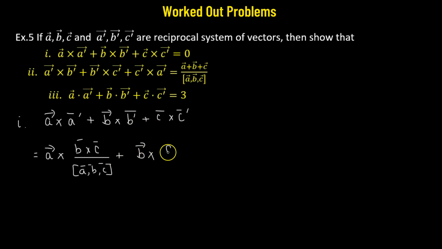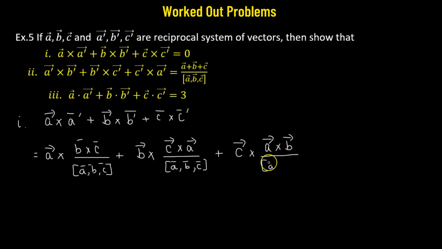B prime will be given by vector C crossed with vector A divided by vector A, vector B, vector C, plus vector C, which will be crossed with C prime. C prime is defined as vector A crossed with vector B divided by vector A, vector B and vector C. So let's combine them.